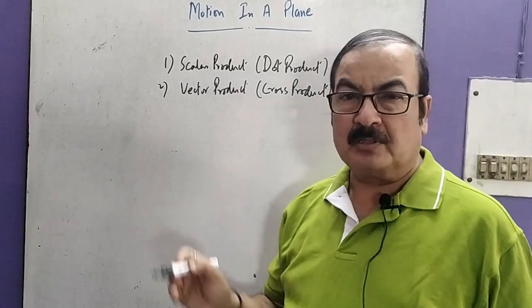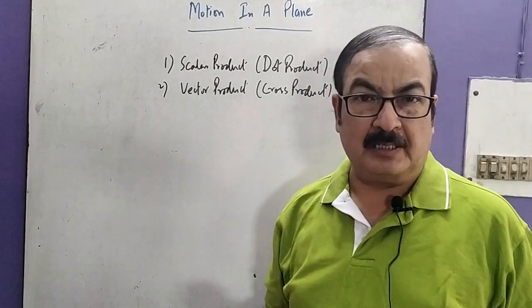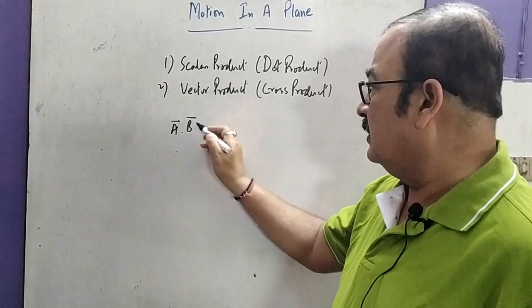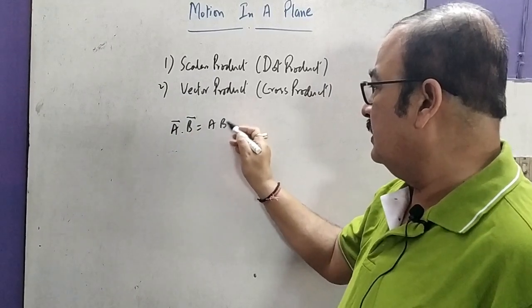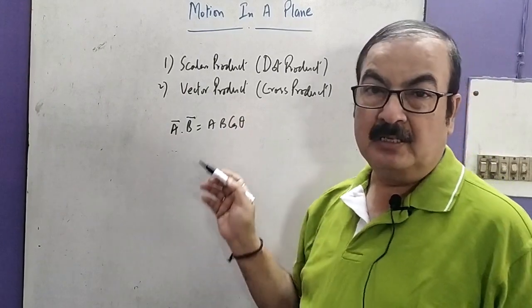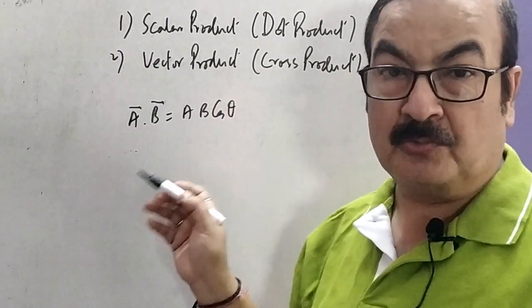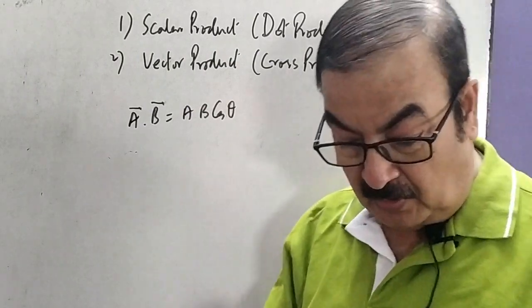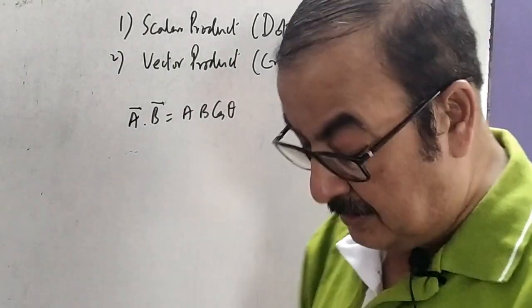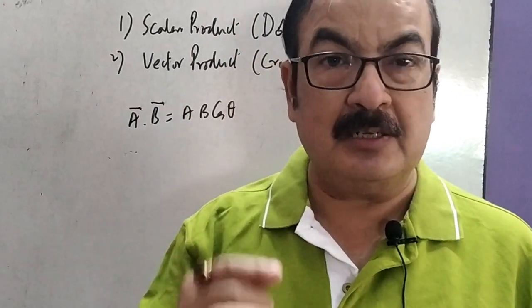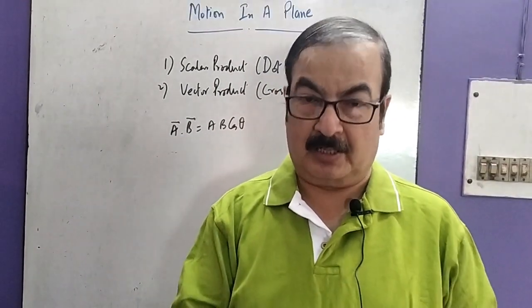You have been told something about the scalar product, that is, here we write A dot B equal to AB cos theta. There is no sign. That means the resultant of two vectors has no sign. That is the scalar. When we call it the scalar product of two vectors, it means vector into vector results in a scalar quantity, like work.